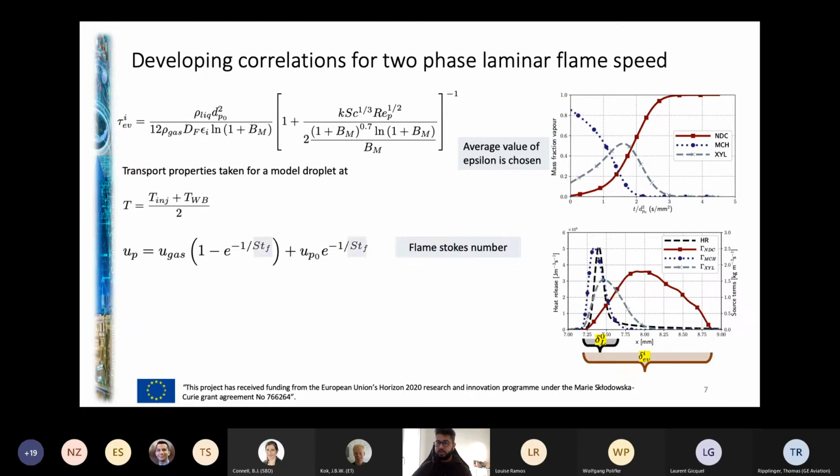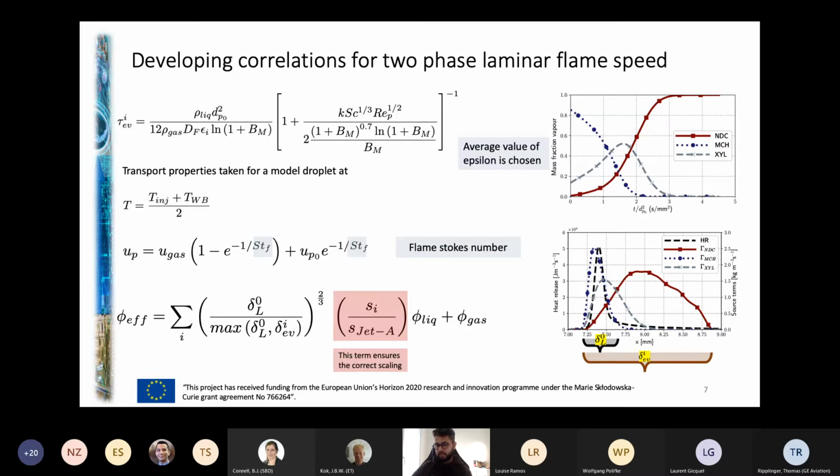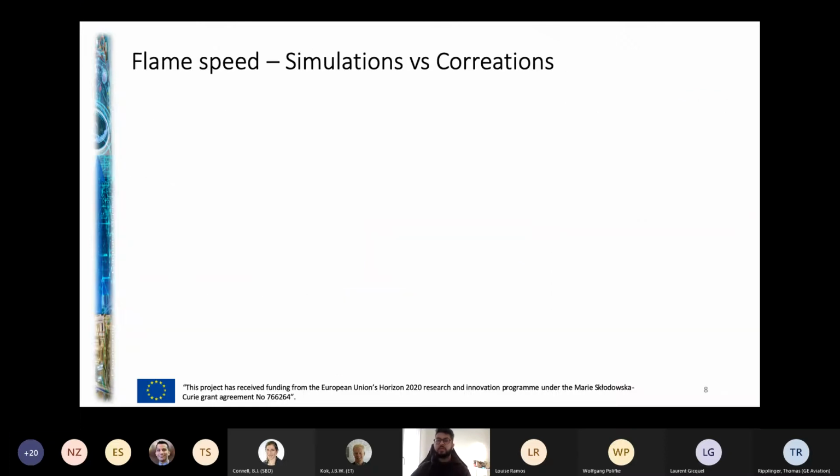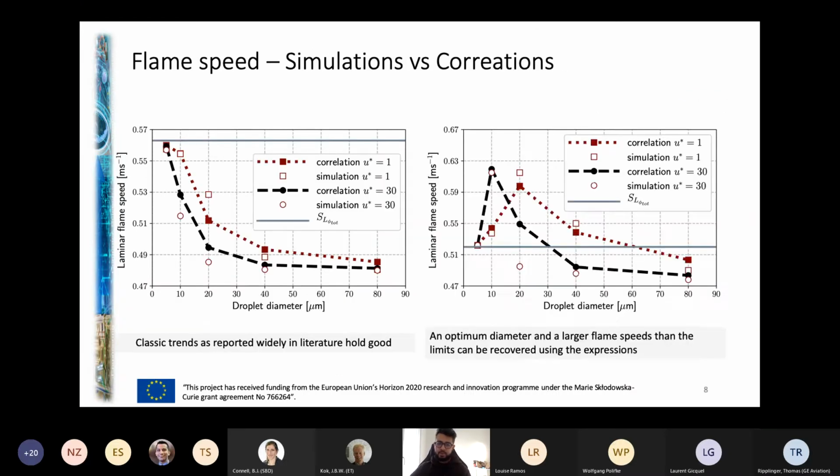Finally, you can compare the evaporation zone and the flame reaction zones, and come up with effective equivalence ratios, and also consider the fact that each of these components has varying contributions to the equivalence ratio. With that, we could match what is going on experimentally in terms of the numerical simulations.